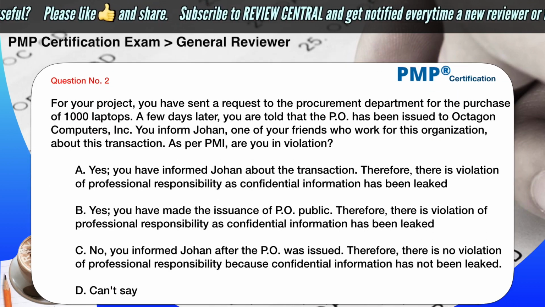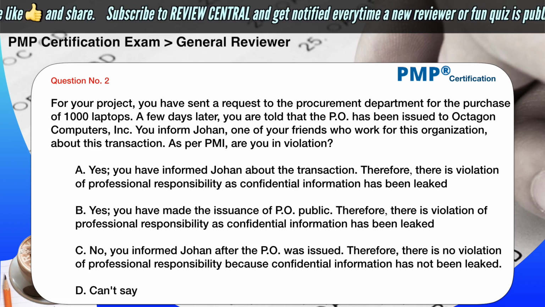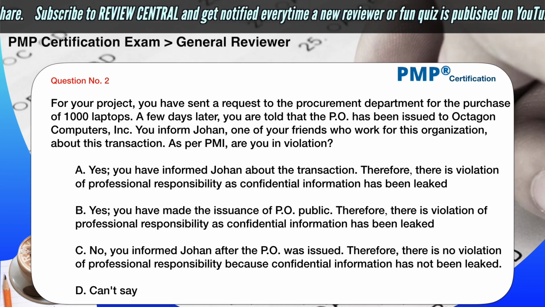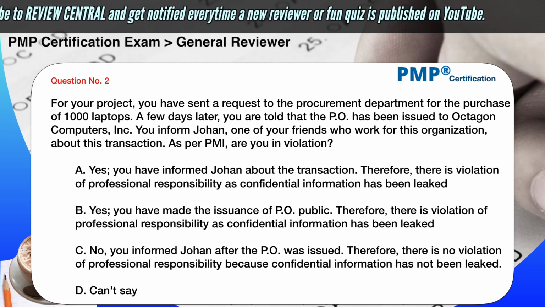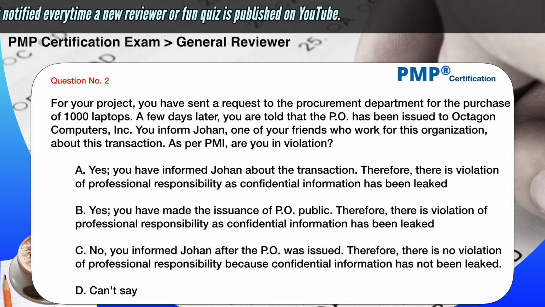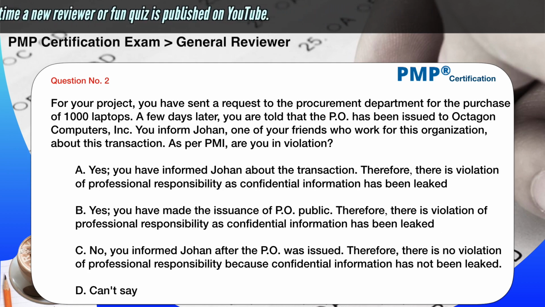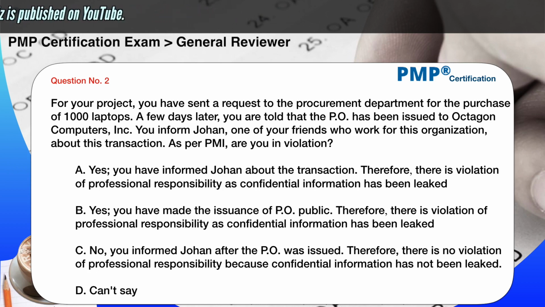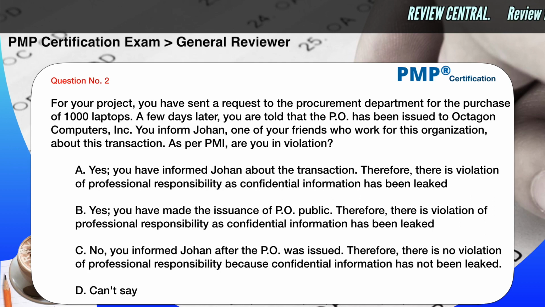For your project, you have sent a request to the procurement department for the purchase of 1,000 laptops. A few days later, you are told that the PO has been issued to Octagon Computers, Incorporated. You inform Johan, one of your friends who works for this organization, about this transaction. As per PMI, are you in violation? A. Yes, you have informed Johan about the transaction.